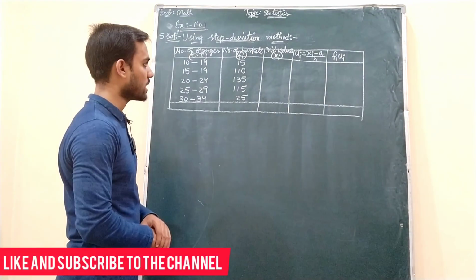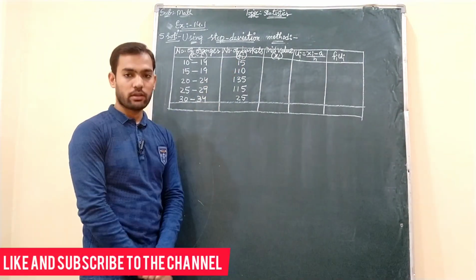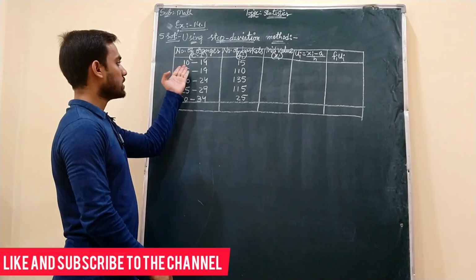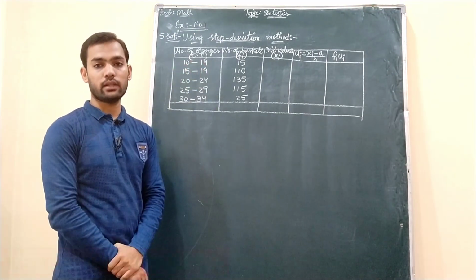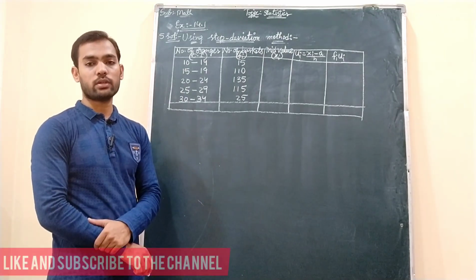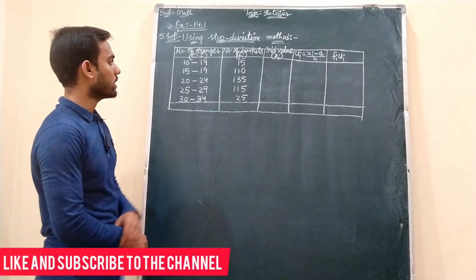Now the mid value: if you remember, we need to add both the limits 10 and 14, which is 24, and divide this 24 by 2. So 24 divided by 2 is 12.